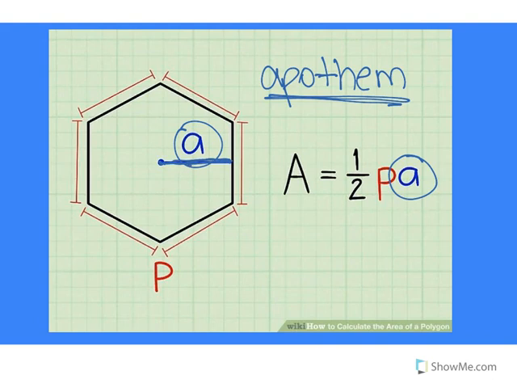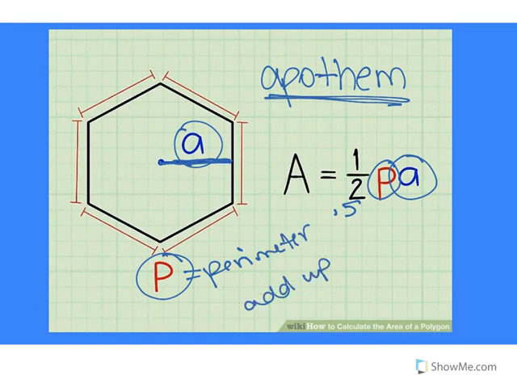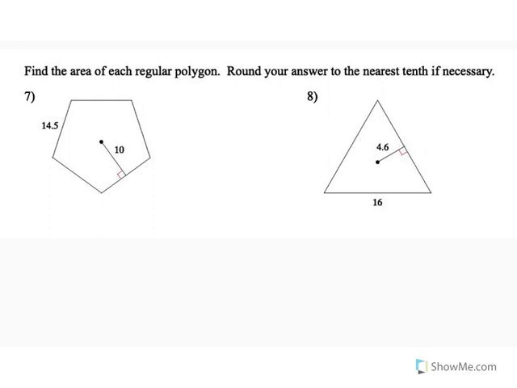And so our formula is 1/2, again, you can use 0.5, times the perimeter. And how do you find the perimeter? You add up all the sides. You might want to make a little note of that if you don't remember that. So you're going to multiply 0.5 times the perimeter that you calculate times your apothem.